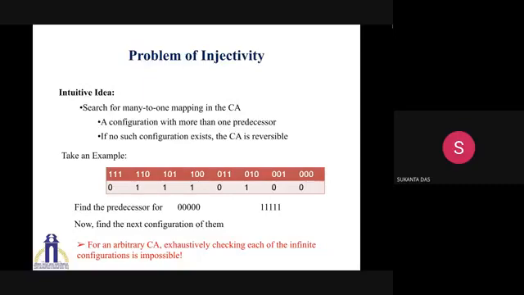Since we are discussing reversibility, you will not test surjectivity of a cellular automaton. This test is sufficient.